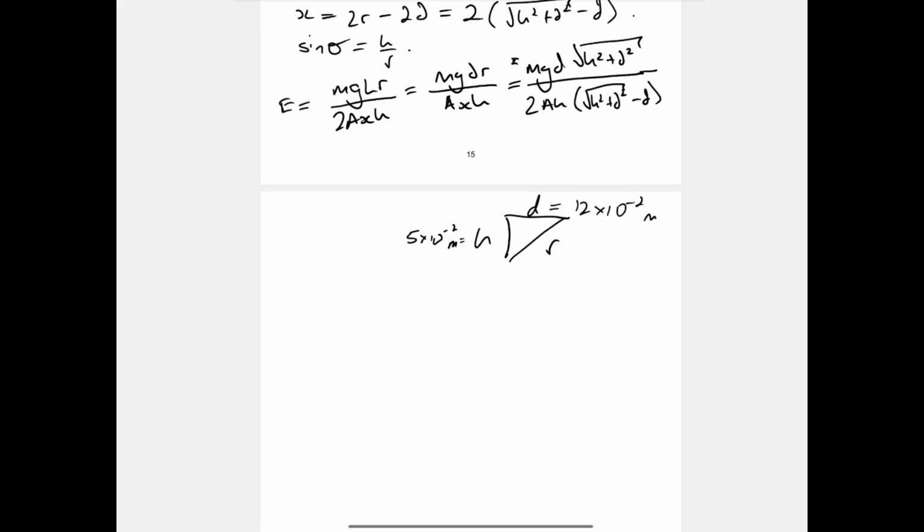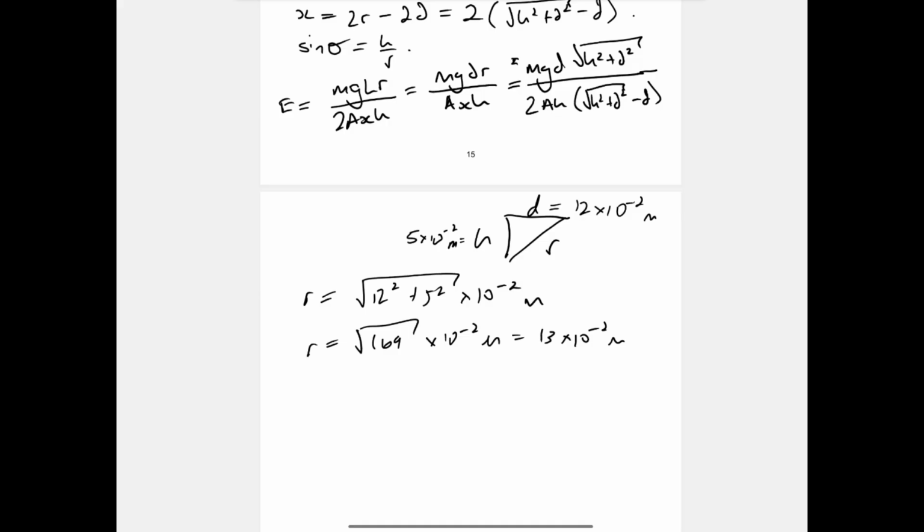And then R is going to be root of 12 squared plus 5 squared times 10 to the minus 2 meters, which is 144 plus 25 is 169, times 10 to the minus 2 meters, which is 13.